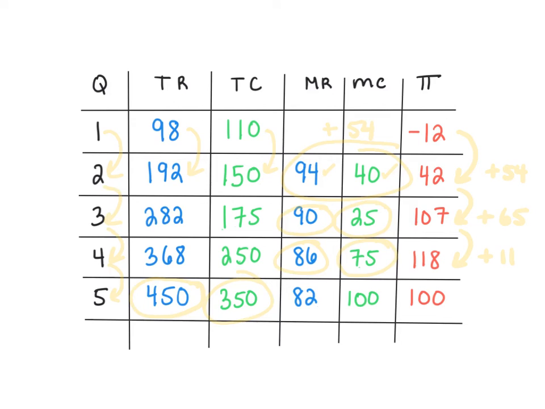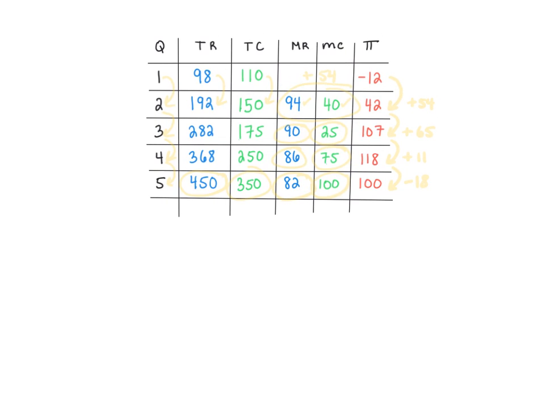However, if we look at this on the margin, we see that in producing the fifth unit, the additional revenue of $82 will not pay for the additional cost of $100. Here, the additional revenue is $18 less than the additional cost, which is why we see total profit fall by $18.